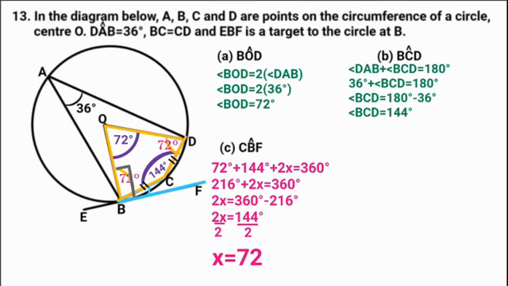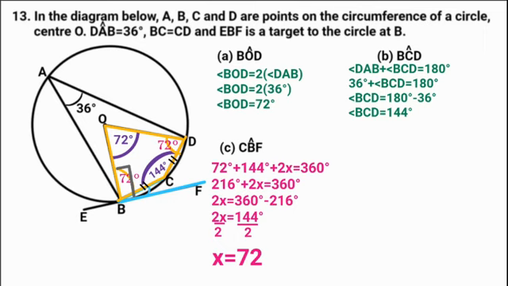Now we have already found the value of angle OBC, but we don't know the value of angle CBF. Since angle OBC and angle CBF are complementary, they add up to 90 degrees, so we're going to use that property.